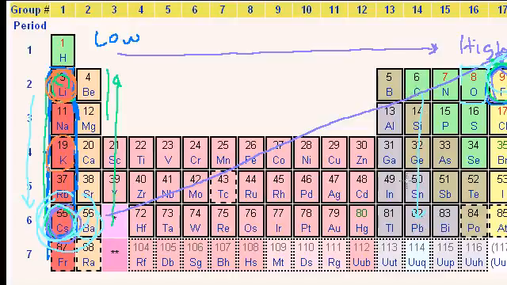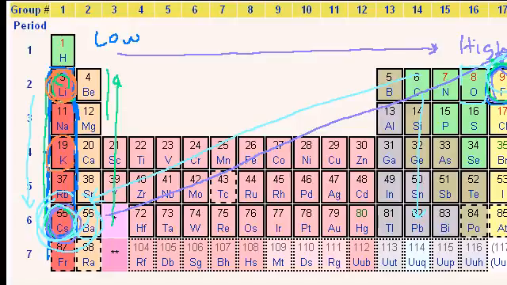So your metallic nature will increase as you go down, and your metallic nature will increase as you go to the left. Because when you only have a couple of electrons in your outermost shell, you want to give them away. So metallic nature goes in the opposite direction, but for the same reason. These guys love to hog electrons. These guys love to give them away. Right? So ionization energy increased to the top right. Electronegativity increased to the top right. Metallic nature increased to the bottom left.